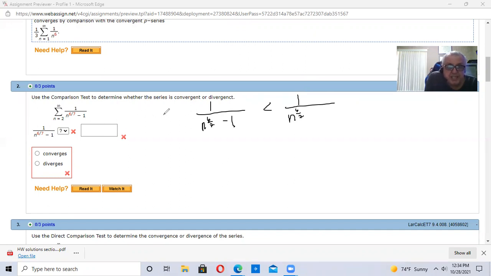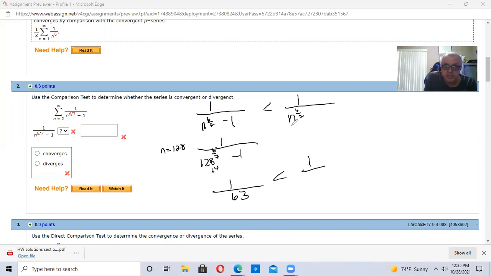So I can put any number in here, and I'm going to put n equals 128 because it's an easy number to work with. If I put 128 to the 6 over 7, well, the 7th root of 128 is 2. 2 to the 6th power is 64. 64 minus 1 is 63. And if I put 128 into the other one, I get 64.